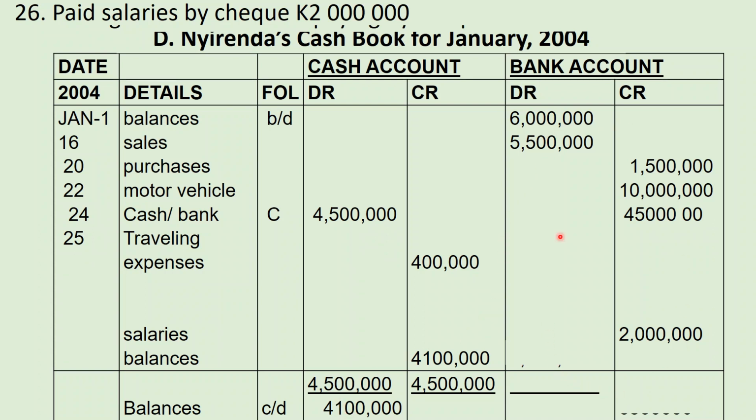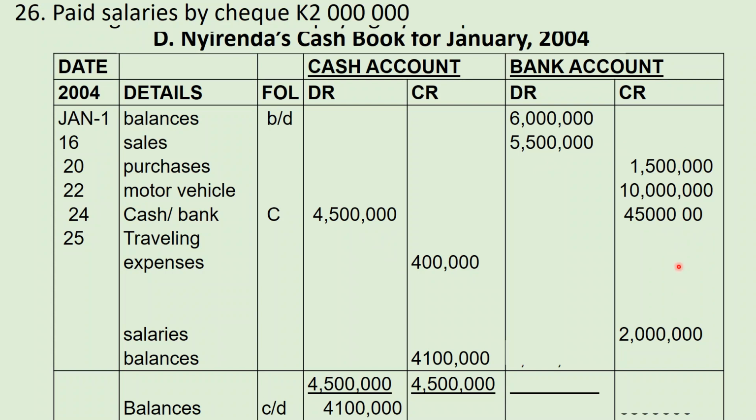So we're going to do the same here. Here we're going to understand it more since there are more numbers. Let me just get my calculator. Again, we add everything on the debit and also on the credit and see which one is bigger. If we add 6 million and 5,500,000, we're going to get 11,500,000. What about this side?